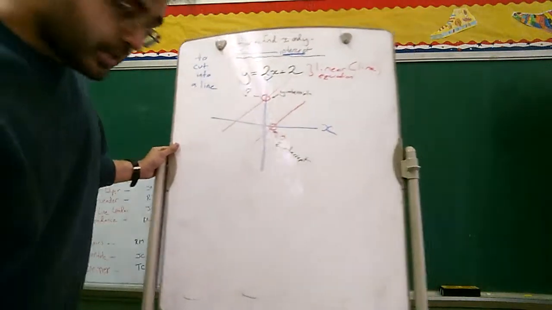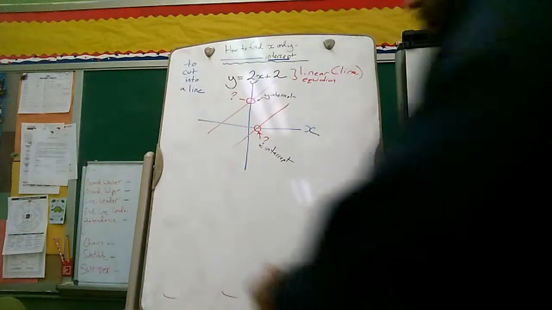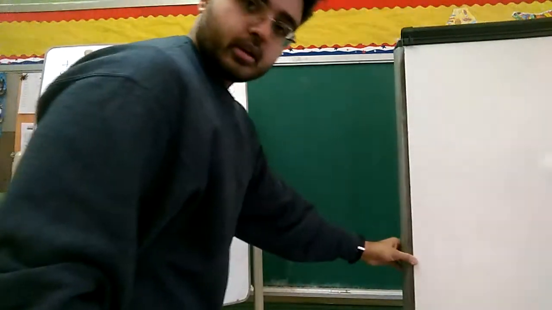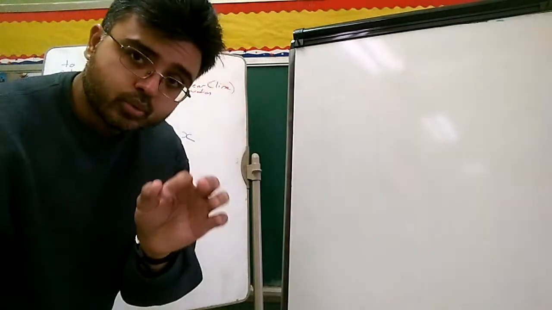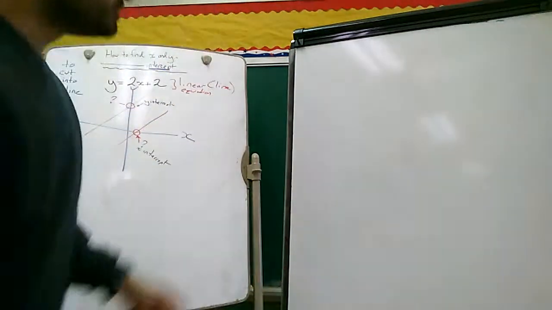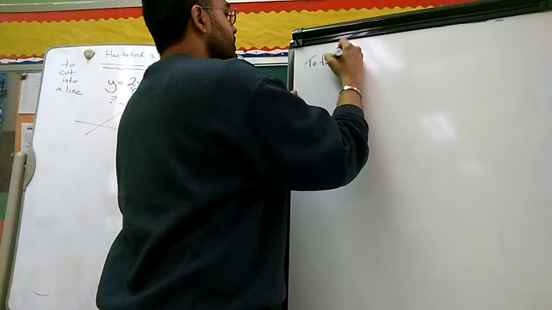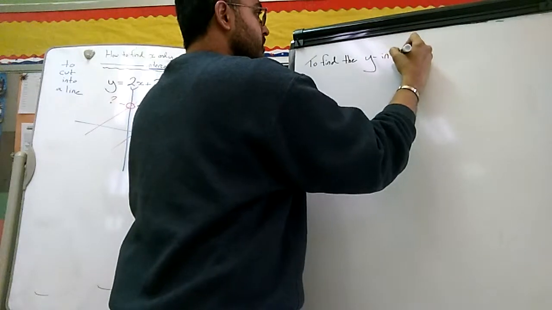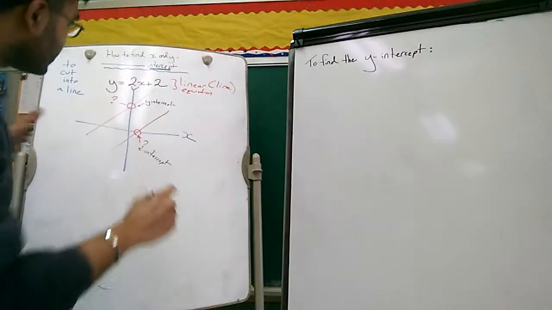Let's use a different board this time. So we're going to use the equation y equals 2x plus 2. Let's move this over here and let's see. Can you see this? Good. Y equals 2x plus 2. Here's the rule. To find the y-intercept, that means this right here.